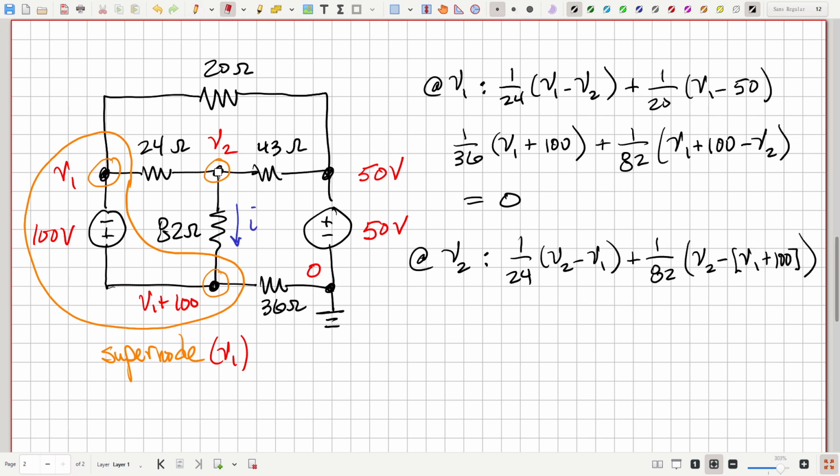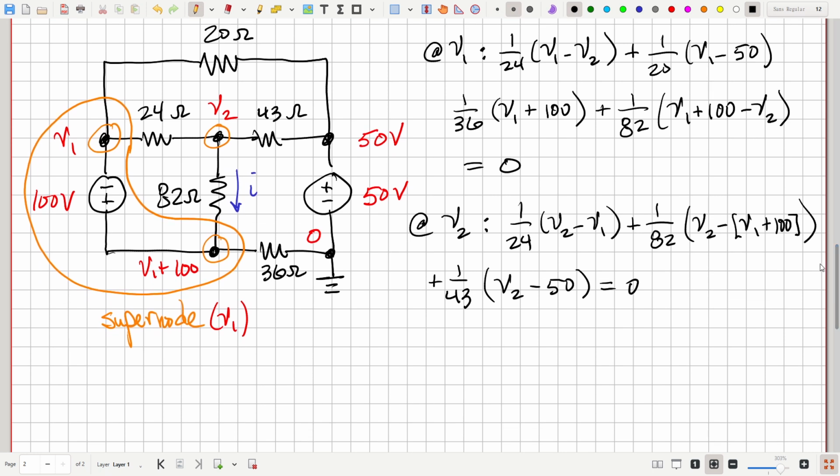I'm sorry, flowing down. V2 minus V1 plus 100. And then this current here through the 43 ohm resistor, that's plus 1 over 43 times V2 minus 50. That then gives you your second equation.